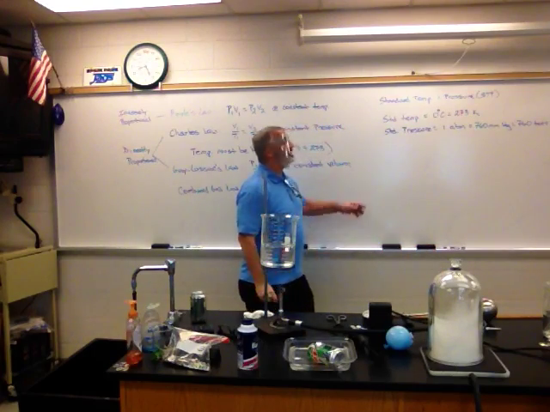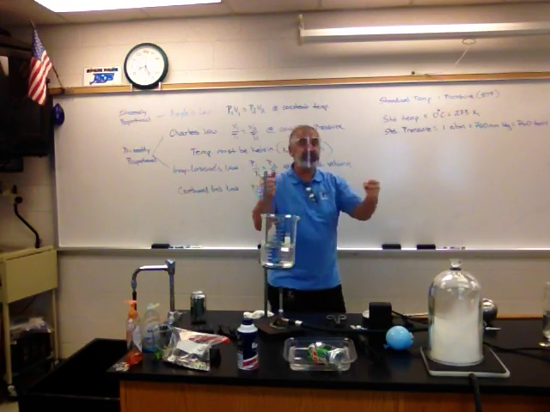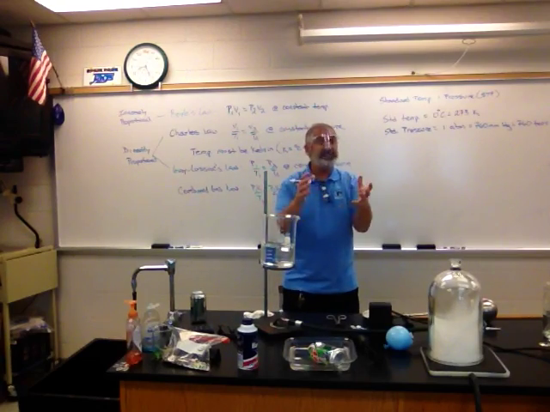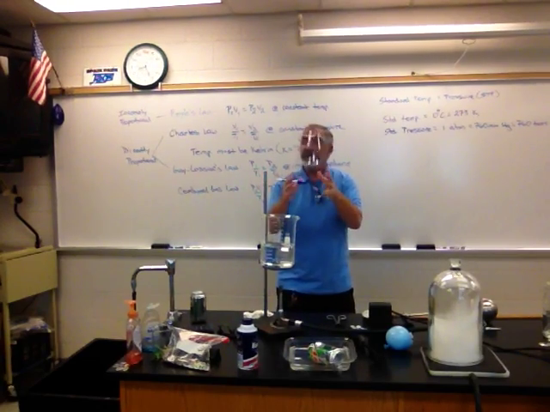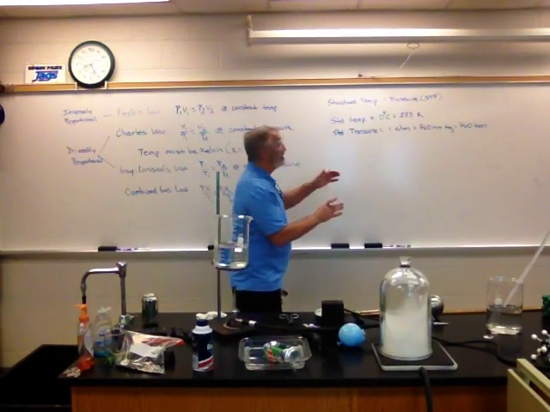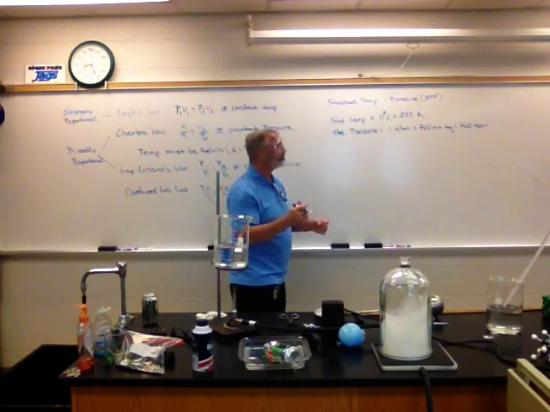These are things you just have to know, standard temperature and pressure. Because gases can expand and contract based upon pressure and temperature, they don't have a constant volume. We have to specify a set pressure and temperature in order to compare one gas to another and how much is there.